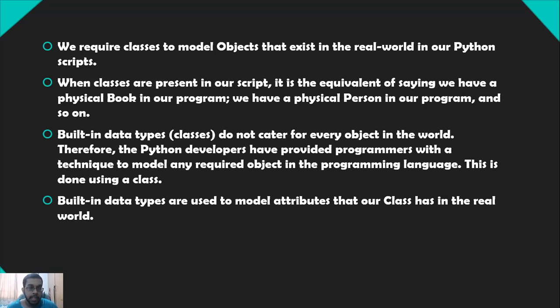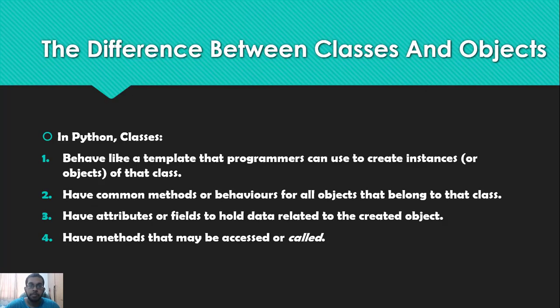Built-in data types, classes, do not cater for every object in the world. Therefore, the Python developers have provided programmers with a technique to model any required object in the programming language. This is done using a class. Built-in data types are used to model attributes that our class has in the real world.